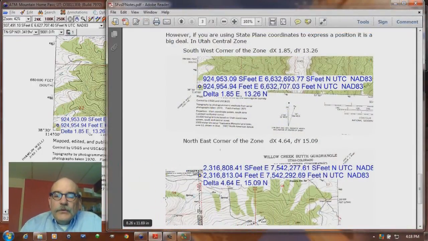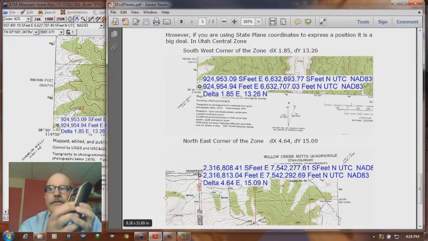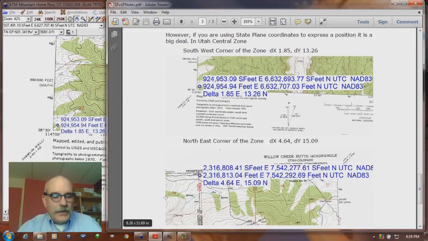Now, if you're used to using consumer-grade GPS receivers, it's not a big deal at all because they won't measure any better than 3 or 4 meters. But if you're using a Mobile Mapper 100 like this receiver that measures to a foot in real time, it's a big deal. And you need to take account of it when you're in the field.